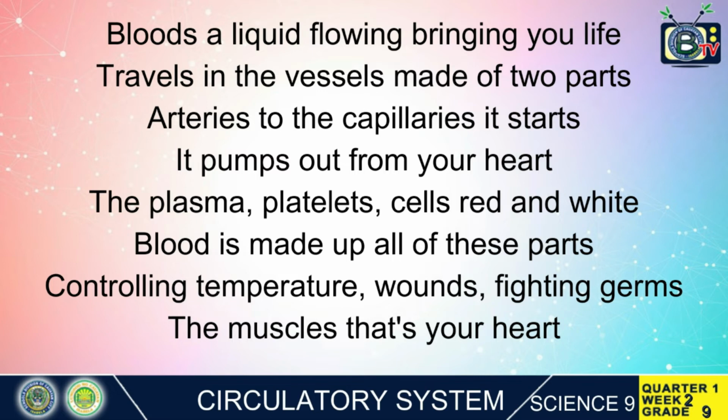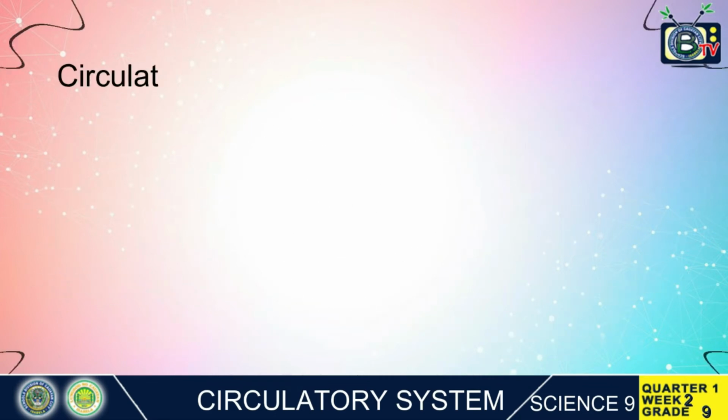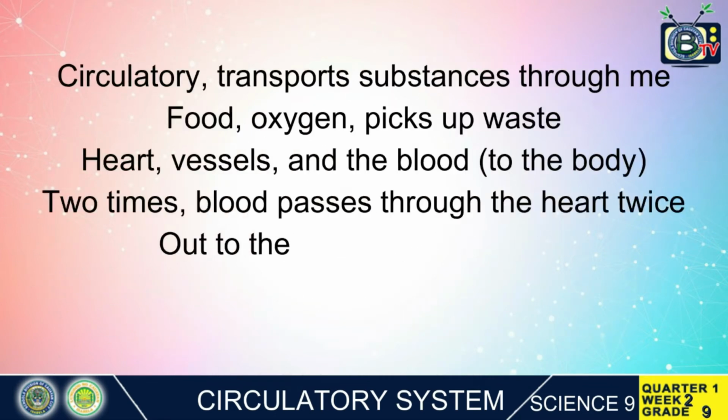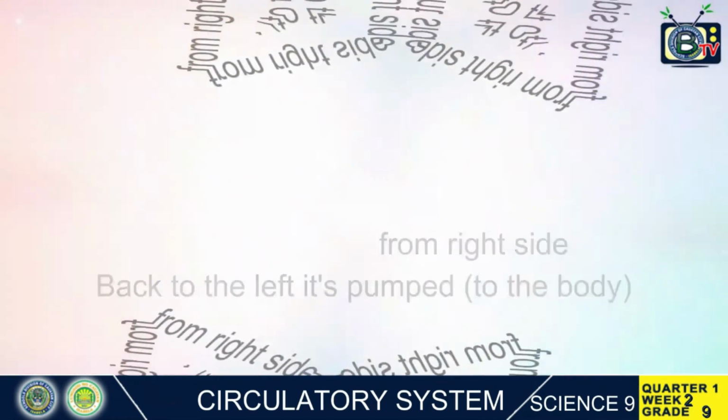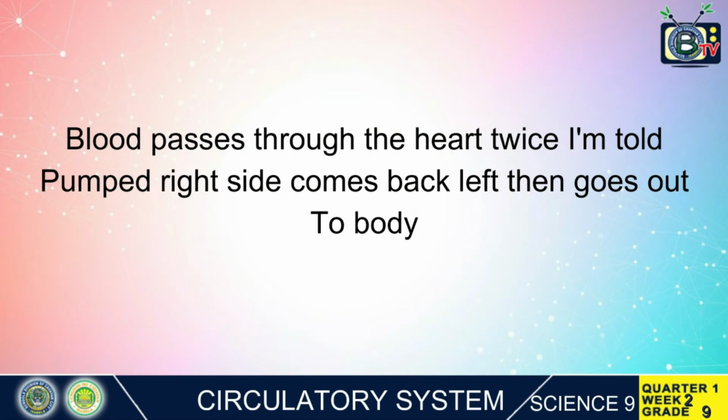The muscles that your heart, circulatory, transport substances through me, food, oxygen, heart, vessels and the blood to the body. Blood passes through the heart twice, to the lungs from the right side, back to the left, it's bound to the body. Blood passes through the heart twice.